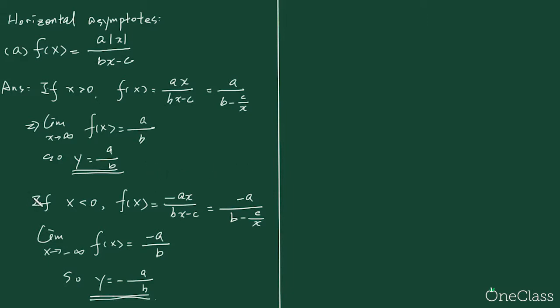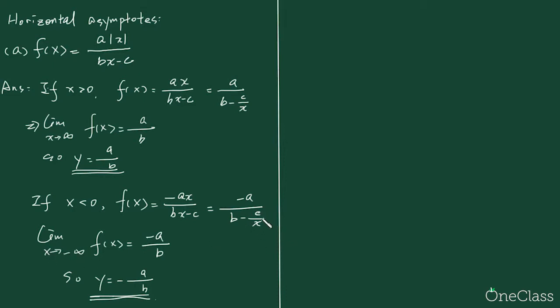So we discuss the other side, which is if x is less than 0. You know that x cannot be equal to 0 because we need to solve the limit approaching infinity or negative infinity. So when x is less than 0, we take out the absolute value and we have a negative sign, and therefore f of x is equal to this one. Again, similarly, we divide by x on the numerator and denominator, and we let x approach negative infinity.